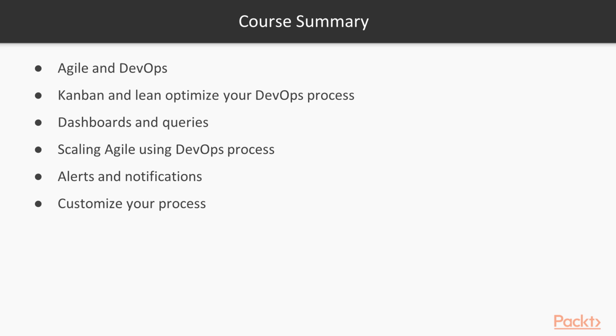Then we've moved into scaling Agile, using your DevOps processes and cascading those KPIs from teams to projects to portfolio. And then finally moved on to alerts. And this will give you the updates that you need using enterprise collaboration tools like Slack and Microsoft Teams. And then finally, we've gone into customizing your process template and how you apply that.